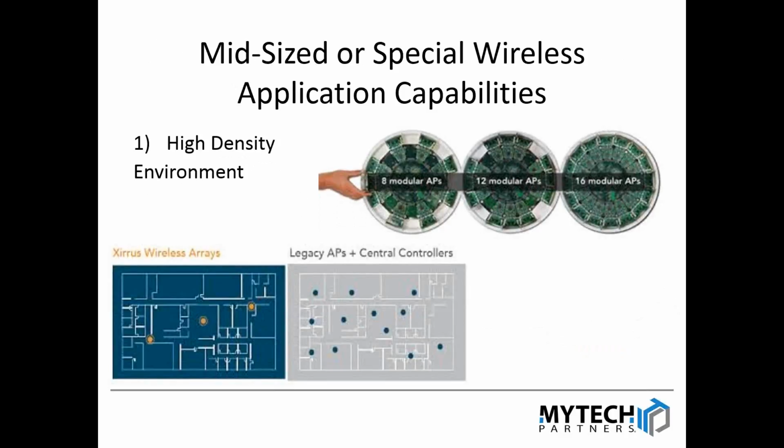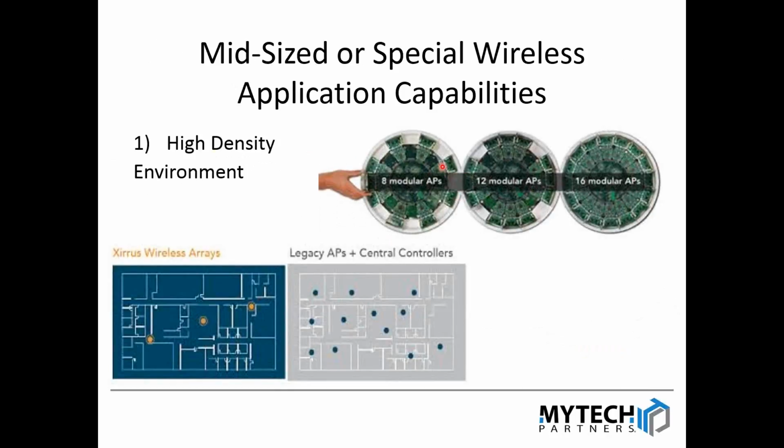So this is the kind of scenario we're talking about, where you've got a lot of people and a lot of devices. Each person might have up to 3 devices, by the way. It's really about understanding that each one of those radios, if you look at the picture on the screen where it says 8 modular, 12, or 16 modular, can only handle, as Philip mentioned, 20-ish connections.